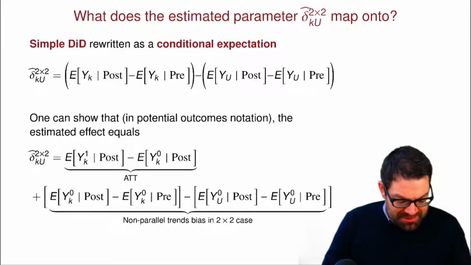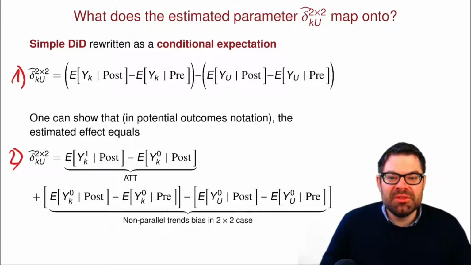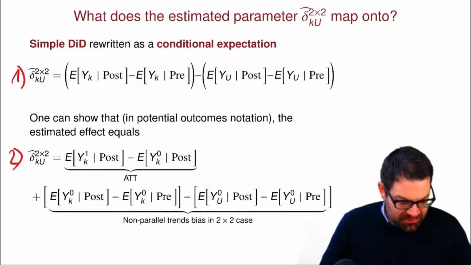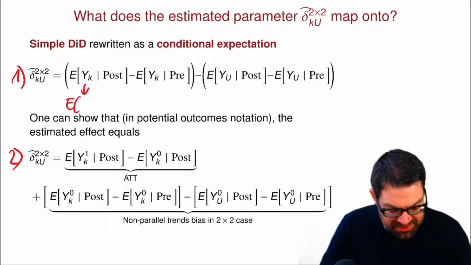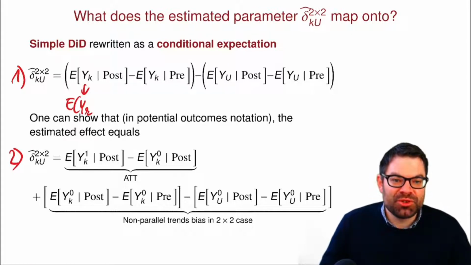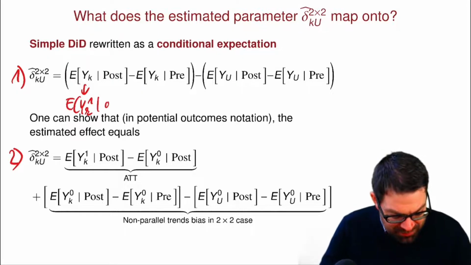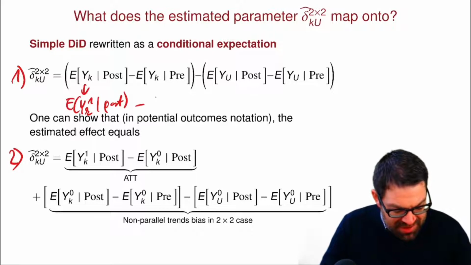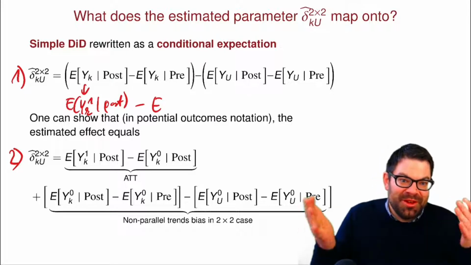We can rewrite the first equation here as follows. We just need to think here that this conditional expectation is basically the average of the treated group after having been treated. Then that is the average of the treated group before being treated. So that's the same as if that group had not been treated, because it wasn't treated yet.